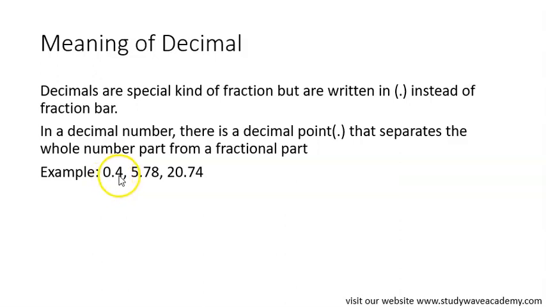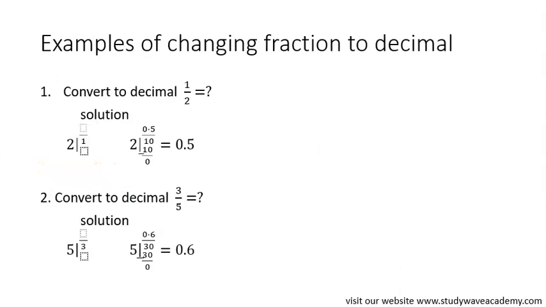So 0.4 is a decimal number. There is a point. So now, today's lesson, we said we're going to be learning about changing the fraction to decimal, right? So we're going to be looking at some examples to help us know better.